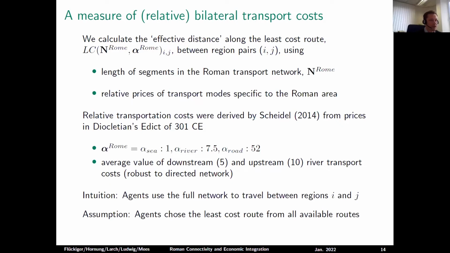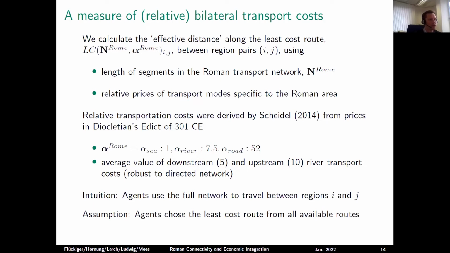So we weigh each length by its transport costs, and these transport costs are Roman specific. And so what we do is we look at what Walter Scheidel did with Diocletian's edict. That's an edict of maximum prices published in the year 301 Common Era. And we don't care about absolute prices. They might not be very informative, but relative prices have been deemed relatively valid. And if we use relative prices, it means we normalize the cheapest mode of transport to one, that would be sea travel.